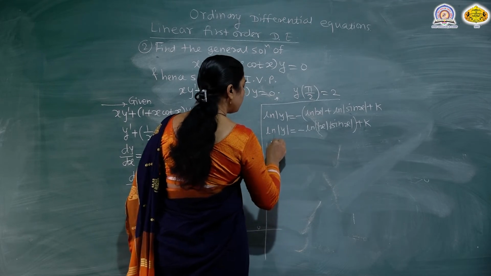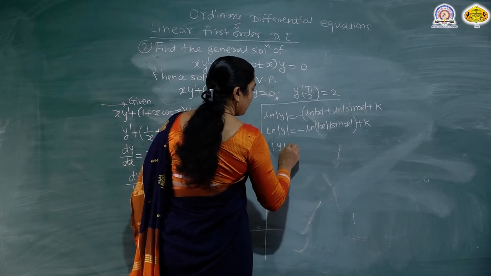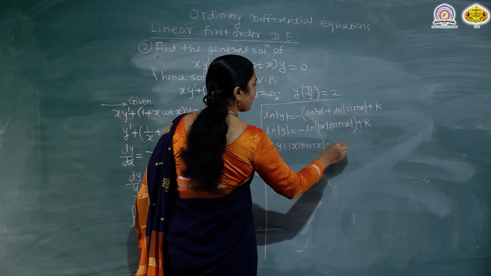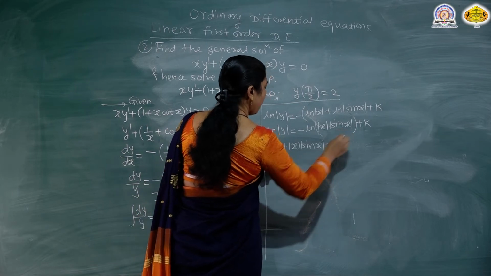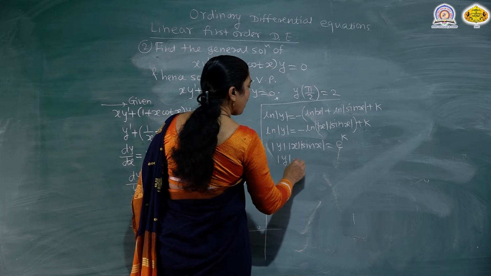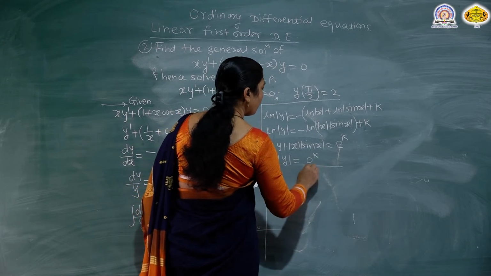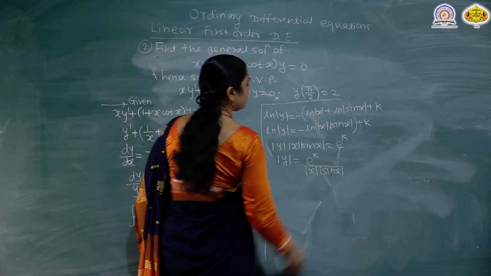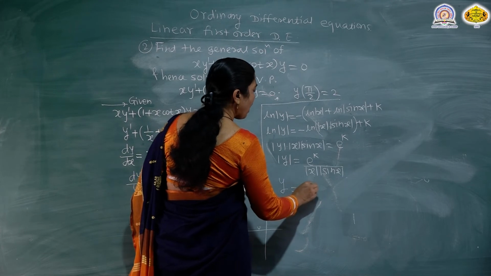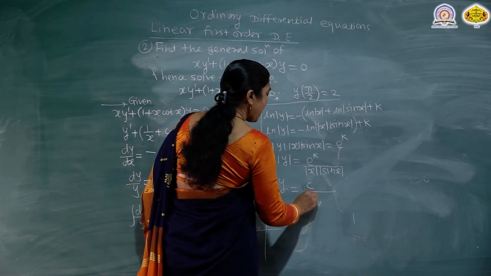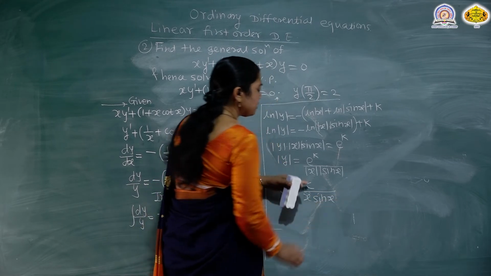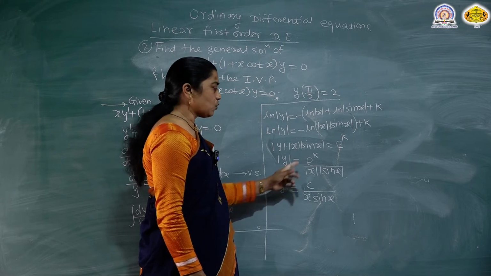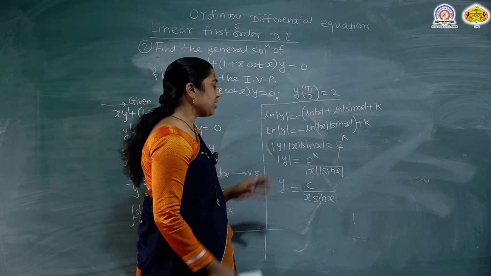So, we are able to write this as mod y into mod x sin x is equal to e raised to k, or we can write mod y is equal to e raised to k upon mod x sin x, or simply we get y is equal to c upon x sin x, where c takes the value e raised to k when y is greater than 0 and minus e raised to k when y is less than 0.